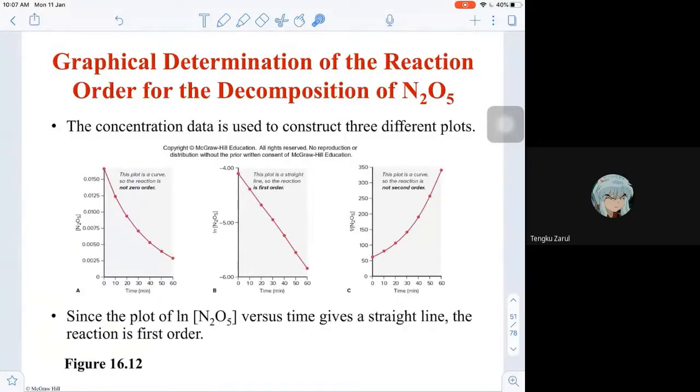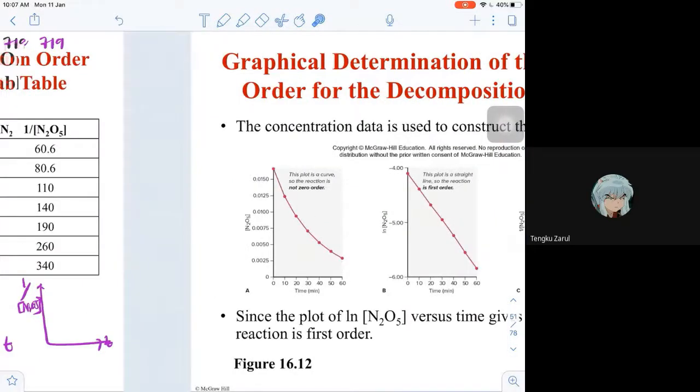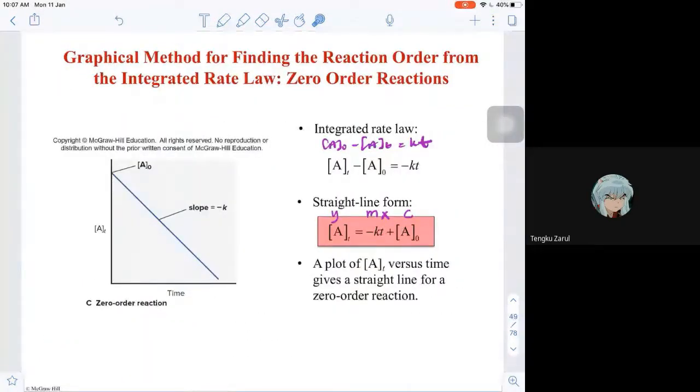If the graph of the concentration versus time is linear, then we can say that this is a zero order reaction. Because after we rearrange the integrated equation to achieve the linear equation y equal to mx plus c, for the zero order, y is concentration A at time t, and x is t.